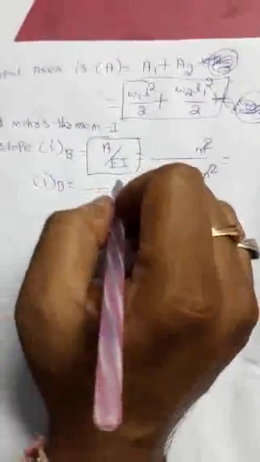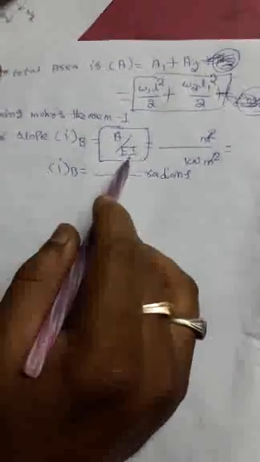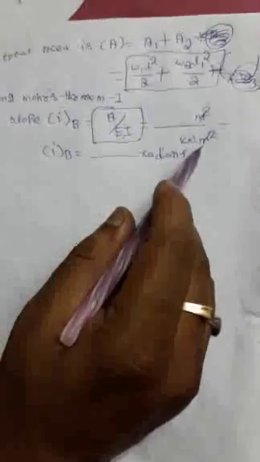So using this area formula, we get the slope at B, A by EI. This A by EI is denoted by Mohr's theorem 1, which gives the slope at B. Here we get the total area, and EI is given in the problem in units of kilonewton meter square.